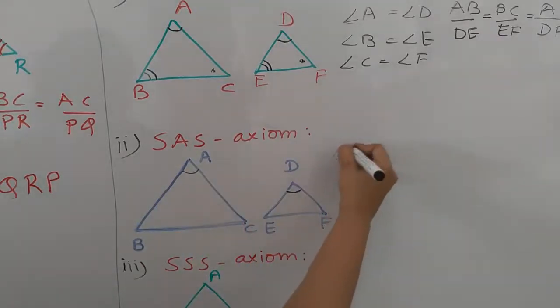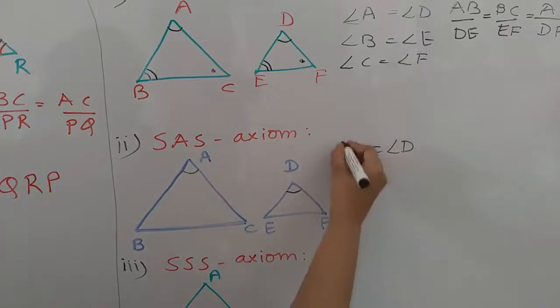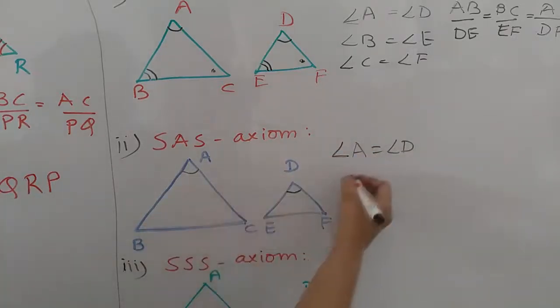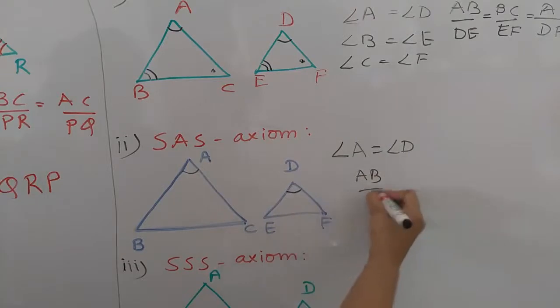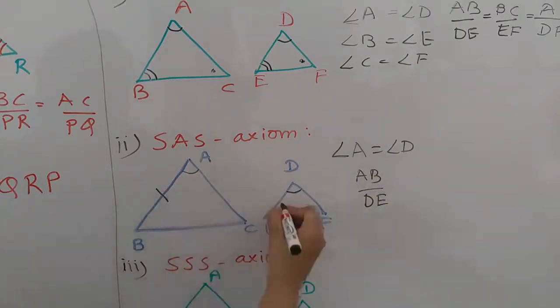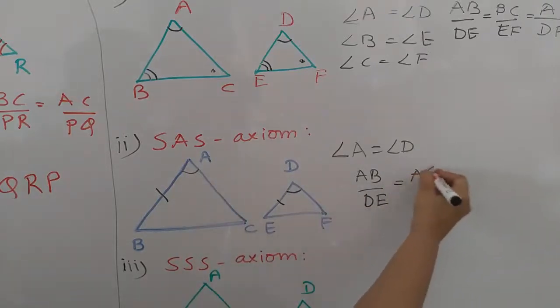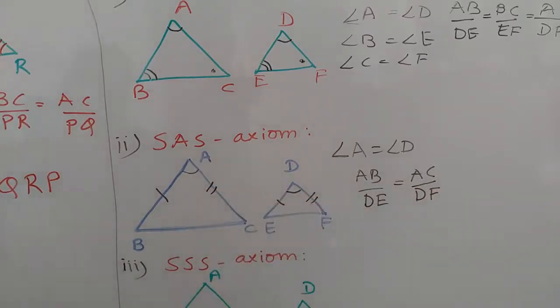Then we write here angle A is equal to angle D, and the corresponding sides AB upon DE is proportional to AC upon DF. So these two sides and the included angle are equal. Then we can say by the SAS, side angle side axiom, these two triangles are said to be similar. So this is our second axiom.